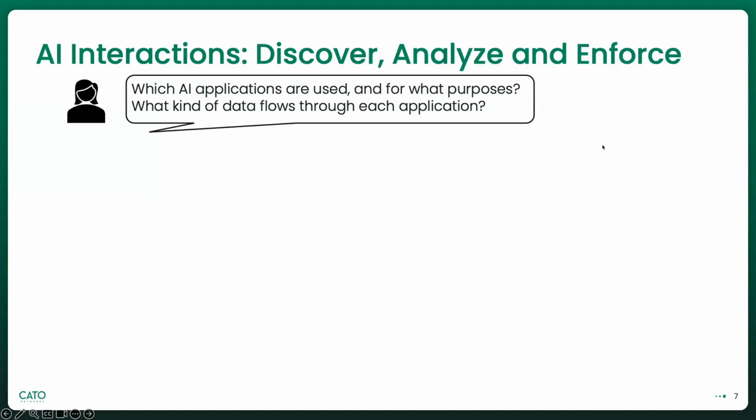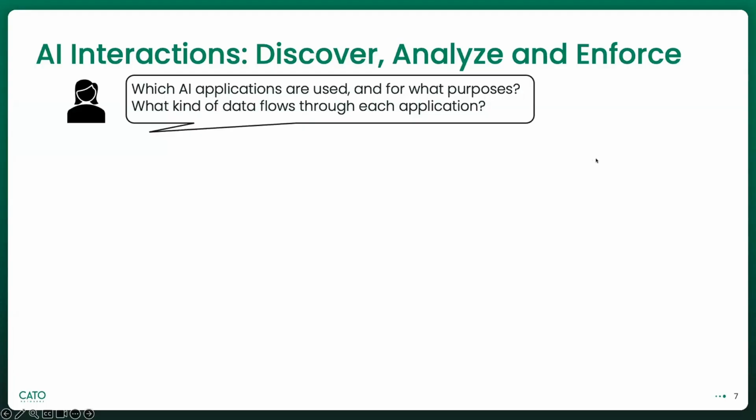So, just a basic visibility and observability requirement. But in addition to that, what kind of data flows through each of those AI applications? Is it sensitive data? Is it use that I want to allow or don't want to allow? The very first step here would begin with visibility, with understanding what's going on, discovery and analysis, before we can even enforce and take action.